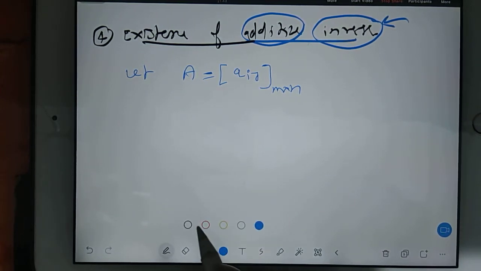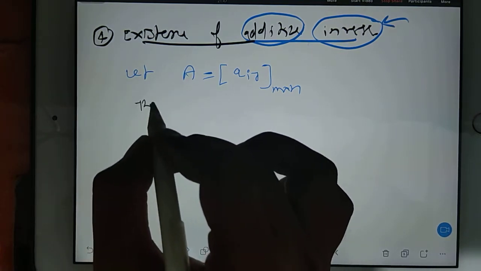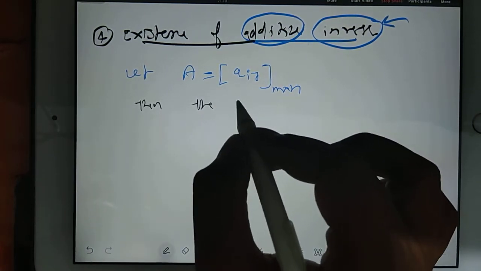Now just imagine, what will be the negative matrix?